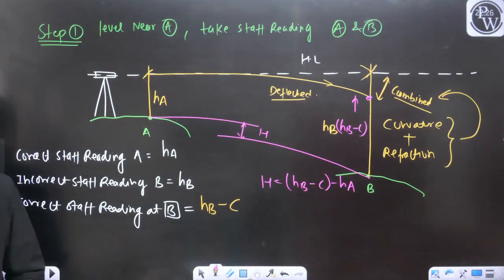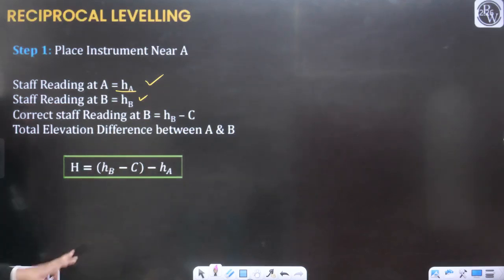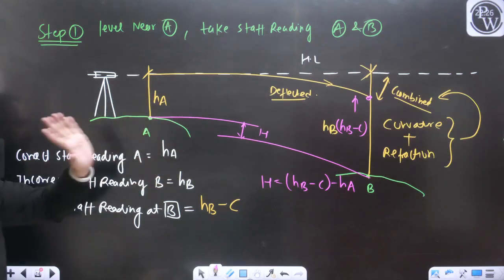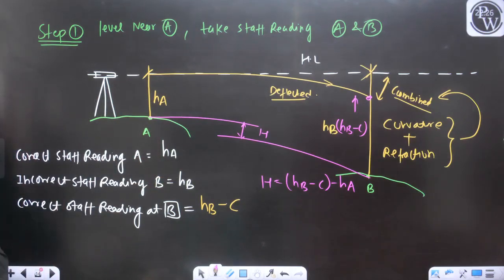Do cross check. HB minus C minus HA will be the elevation difference between the point A and B. Make sure, yes or no?